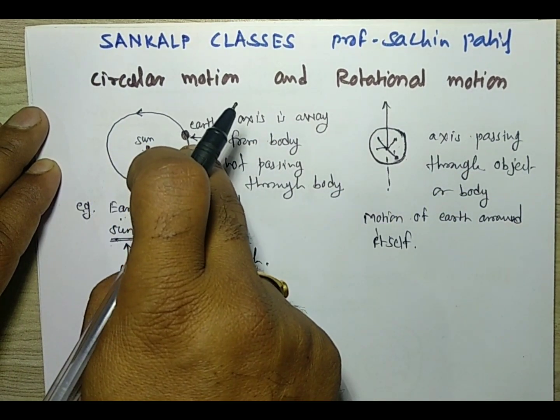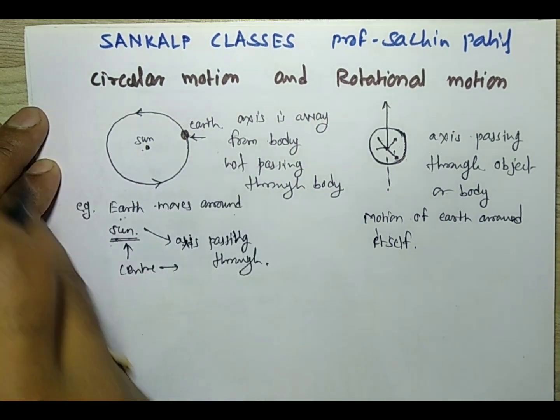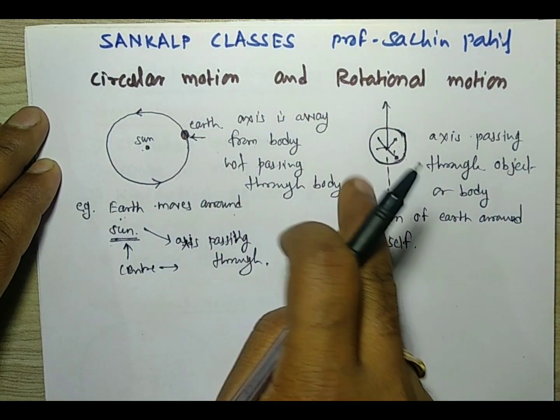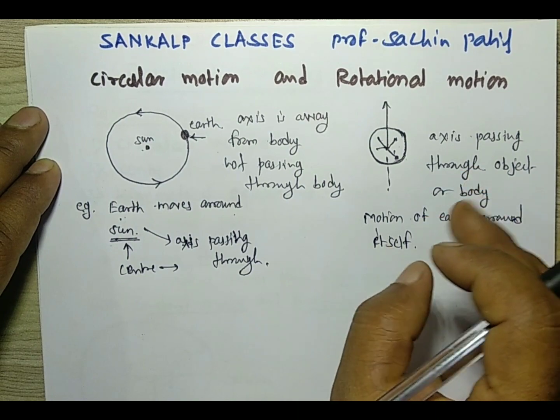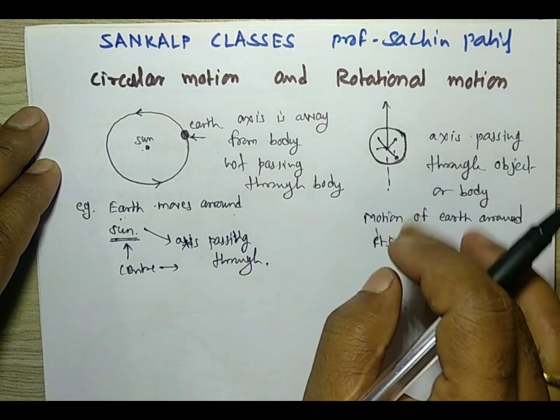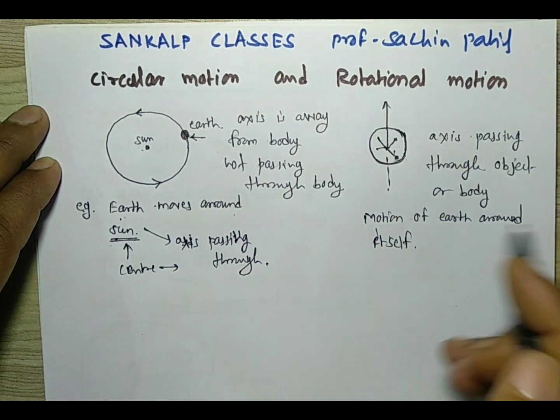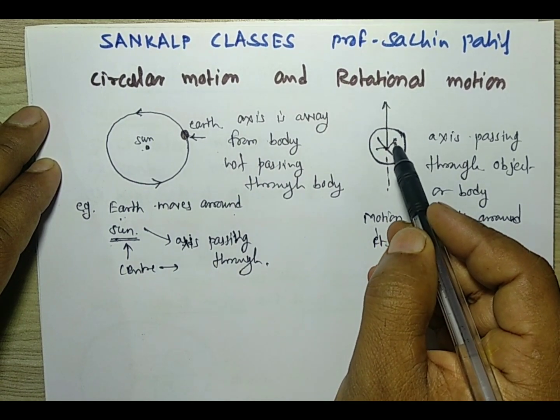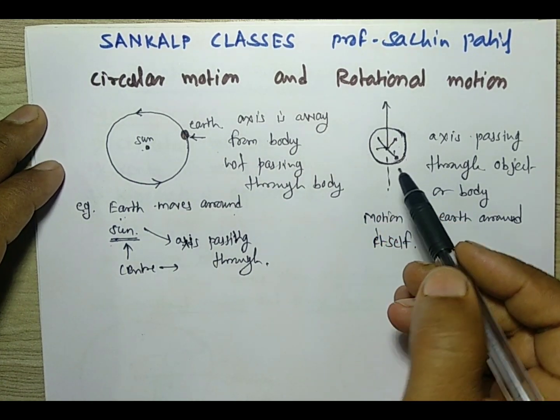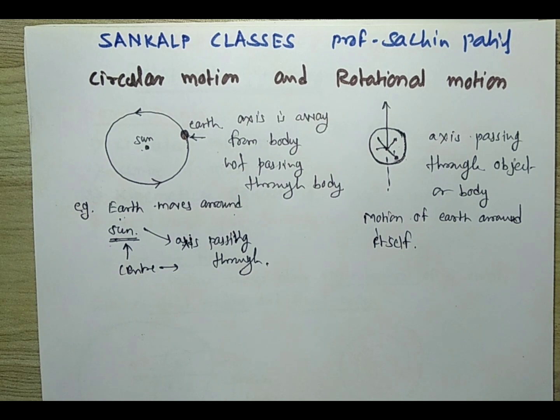Here we consider the particle as a point object which moves along the circumference, while in rotational motion there is a distribution of mass or particles around the axis of rotation, and different particles move in circular motion. Those are the differences. Right now we are going with the characteristics of circular motion.